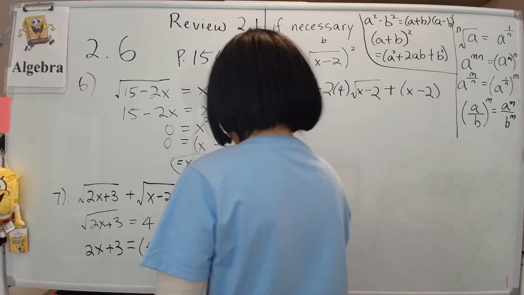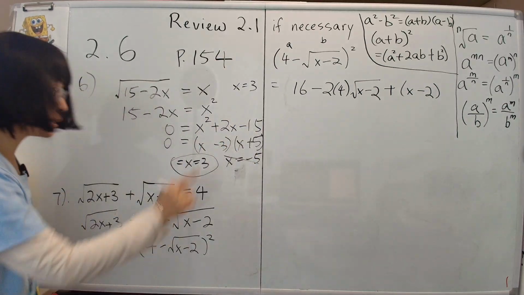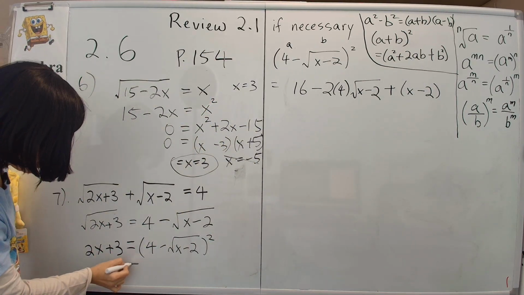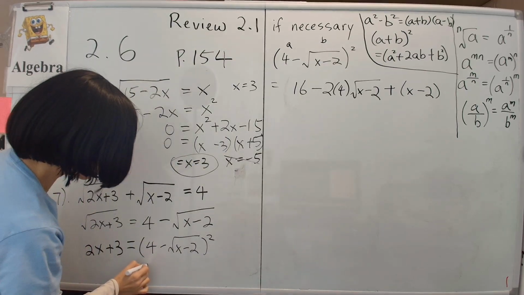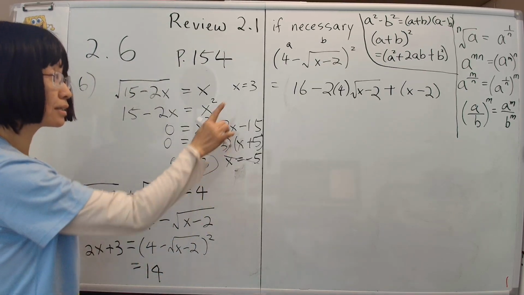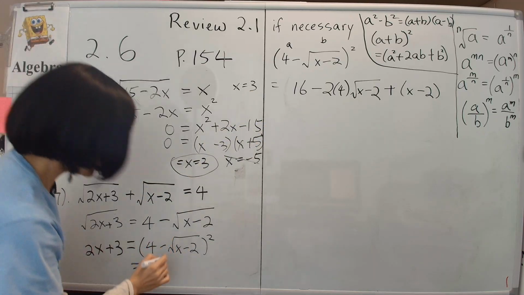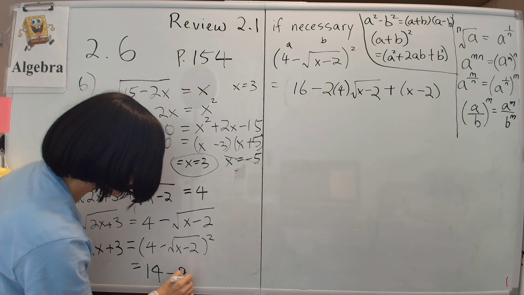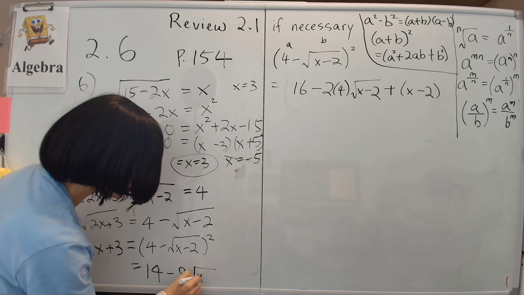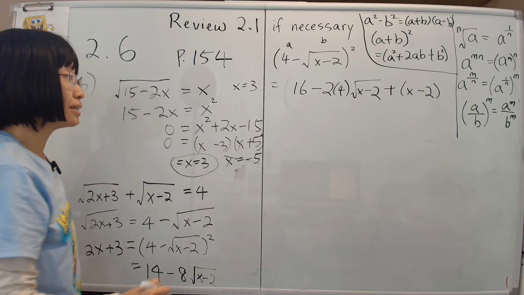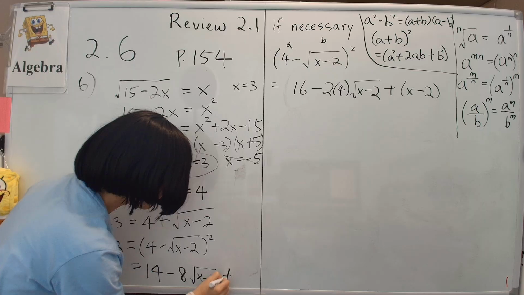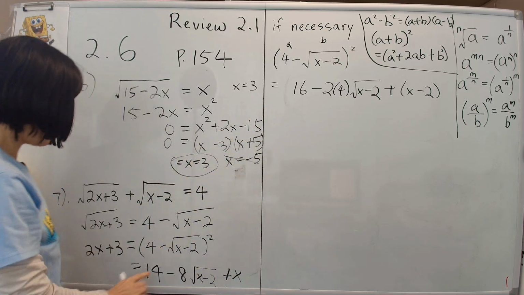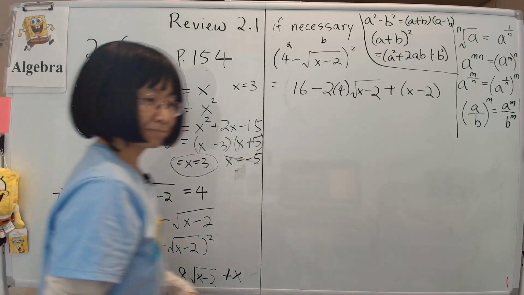That equals 14, being the 16 minus 2, then minus 8 times the square root of x minus 2, and then plus x, right? So that's what that becomes.